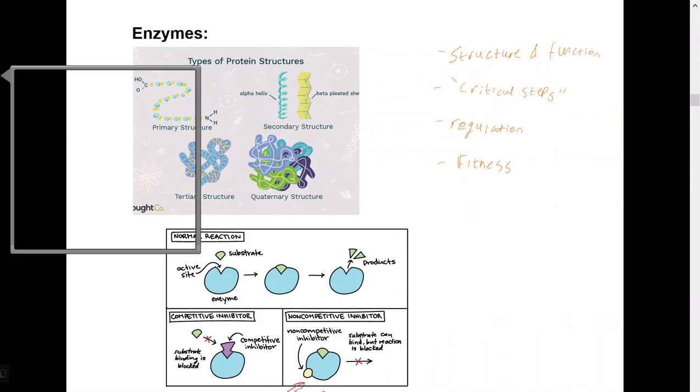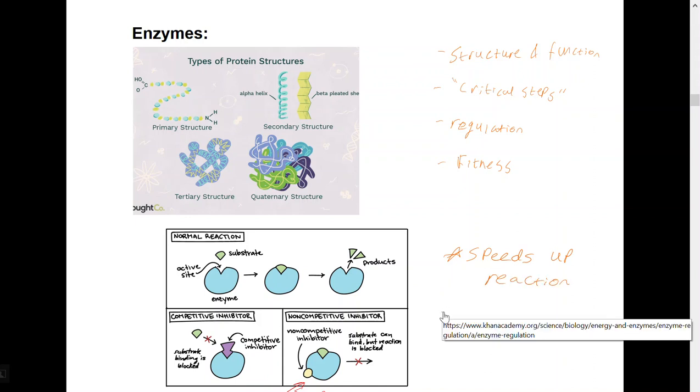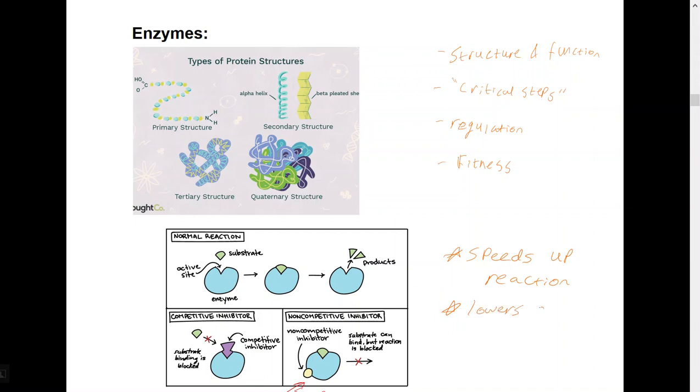And I want to talk about what the enzyme does quickly. It does two main things. It speeds up the reaction, right? And then it also lowers activation energy. Lowers activation energy.